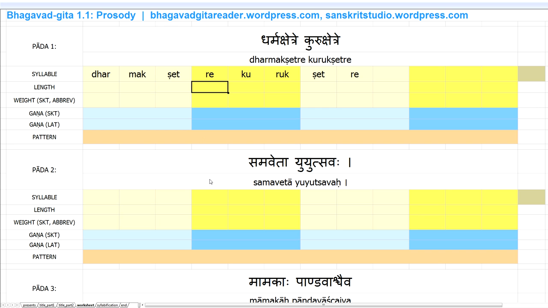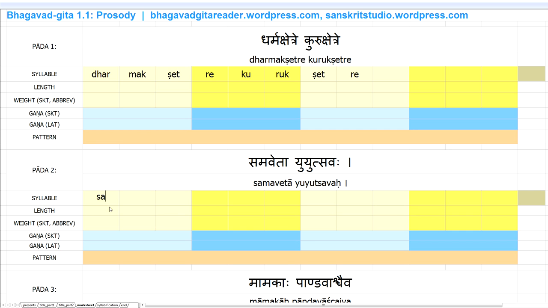So let's go to pada number 2. Samavetah, yuyutsavah. And we have a sa, and we have a single consonant in between two vowels here, the m. So this goes to the right. So sa is alone here.